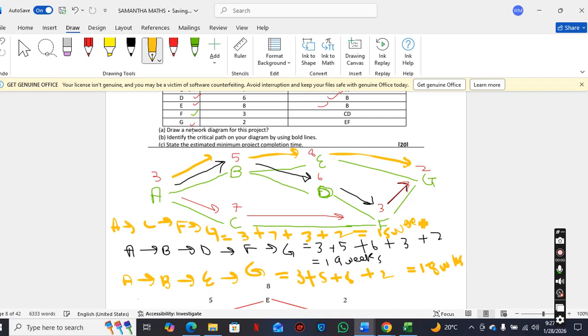So here, our shortest, the minimum completion time is 15 weeks, if we use A to C, C to F, and F to G. So that would be our minimum.